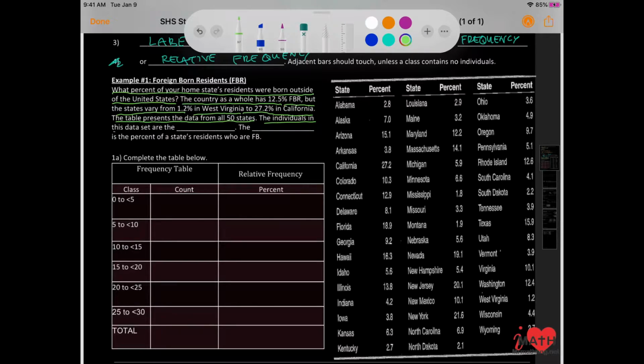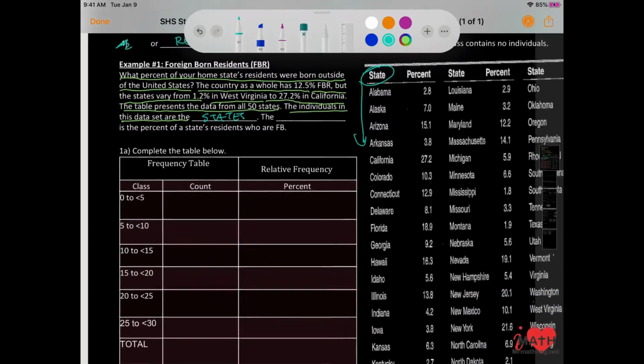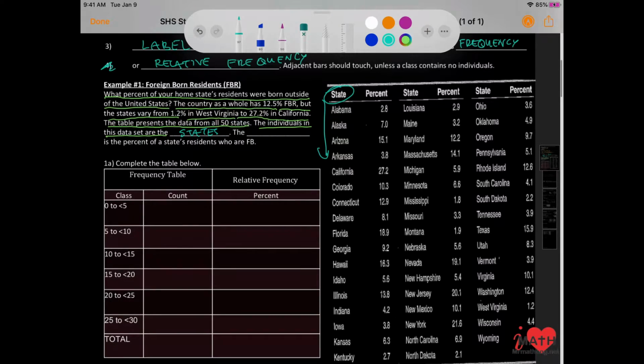The individuals in this data are, so if you look at your graph, go ahead and put your finger on the individuals. The individuals are the different states. And the variable is the percent of states' residents who are foreign born.